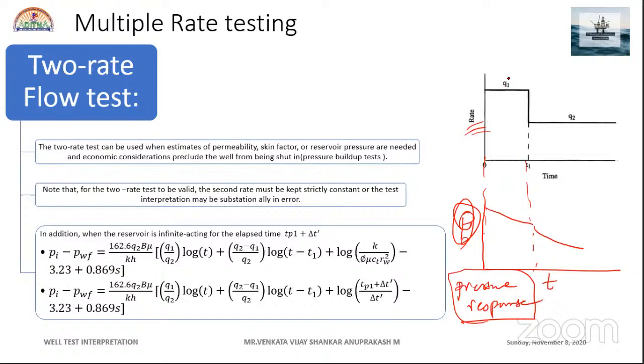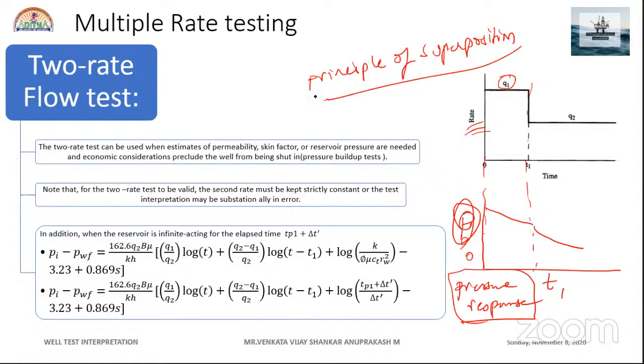So this was initially at Q1, but after a certain period of time T1, it was changed to the new flow rate, that is Q2. So here, what was obtained is we applied the principle of the previous equation.